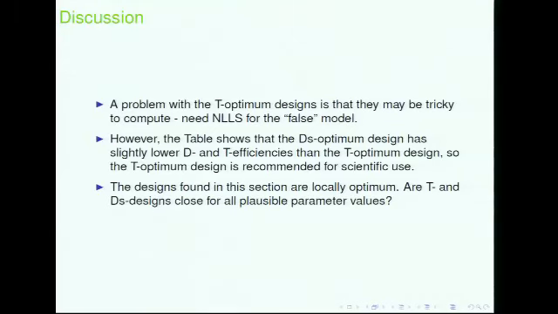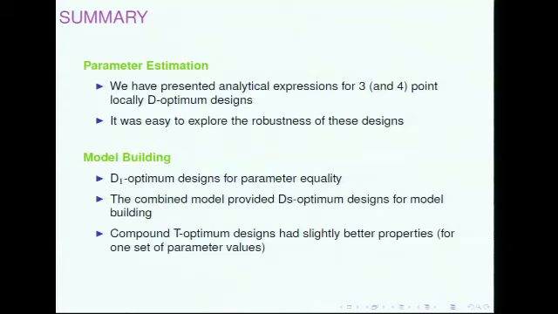Problem with these designs is they may be tricky to compute. However, the table shows in this case that DS optimum designs are slightly less good, but close, and the designs found here are locally optimum because they depend upon the parameters, and the question then is whether these T and DS optimum designs are close for all plausible parameter values.